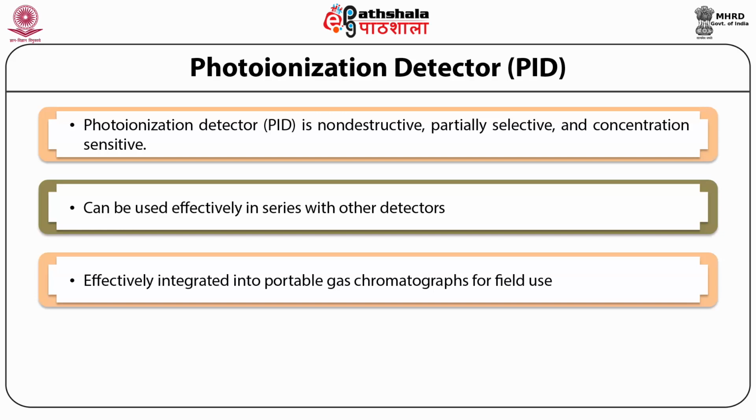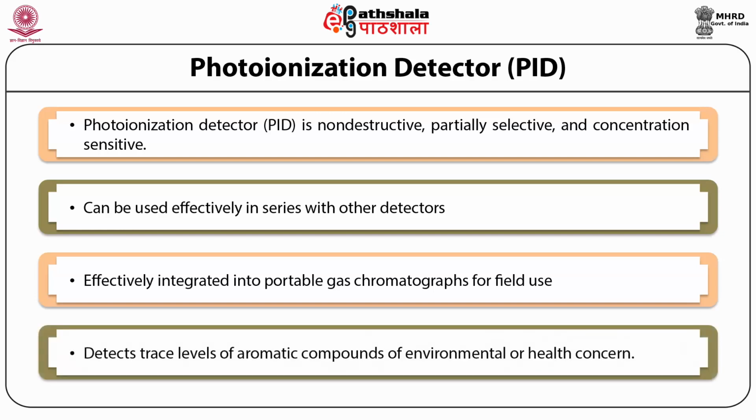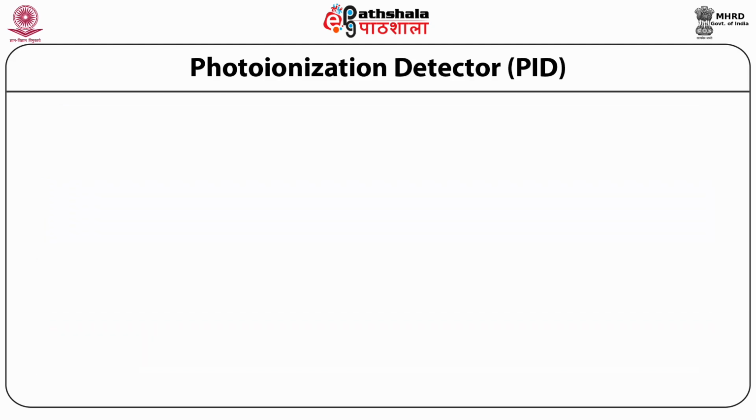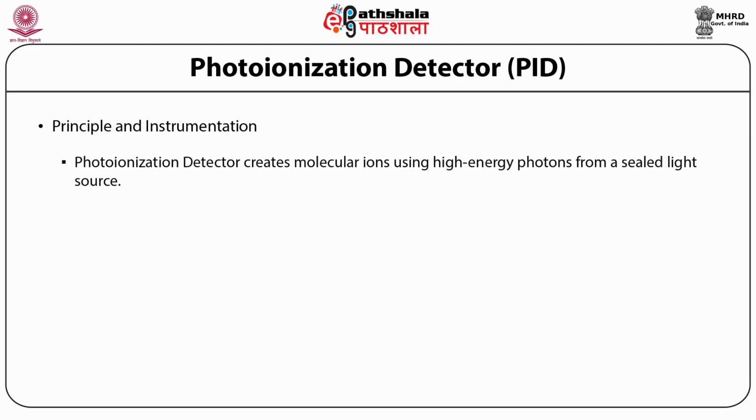It is often the detector of choice for trace levels of aromatic compounds of environmental and health concern. Photoionization detectors are based on the principles and instrumentation discussed below. It creates molecular ions using high energy photons from a sealed light source.